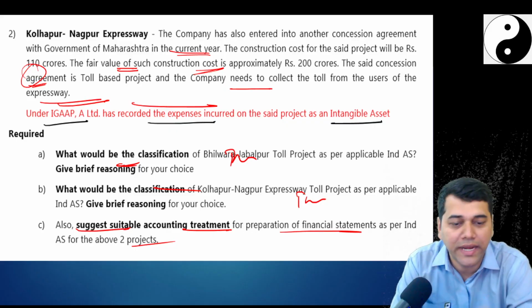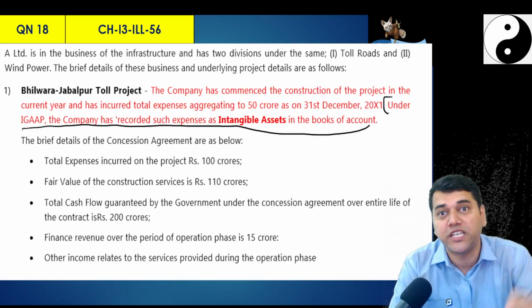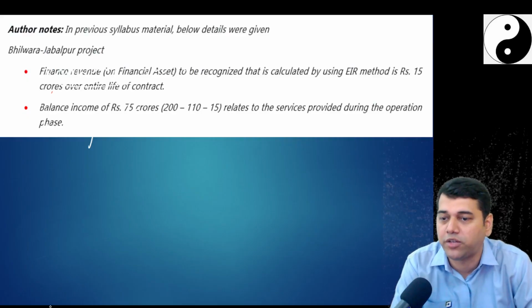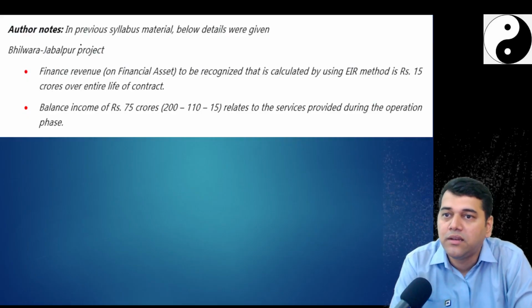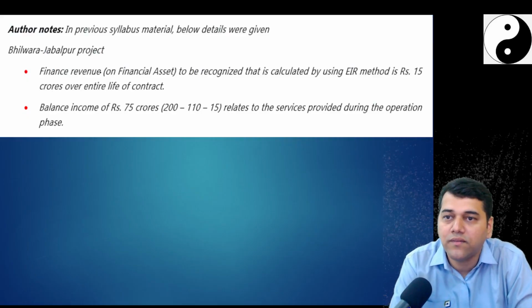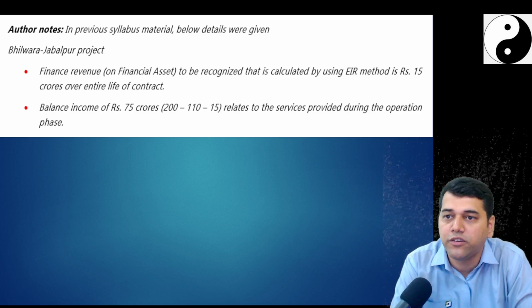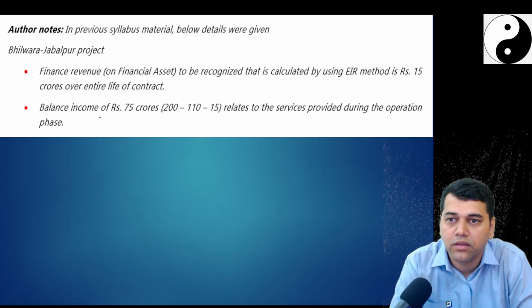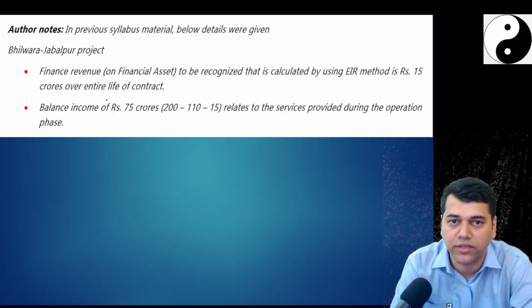Other than these two additions, which are there in the new study material, see my comment there at the bottom. I said that previously, in the previous syllabus material, below details were given: finance revenue recognized, balance income. I think they have removed this also.